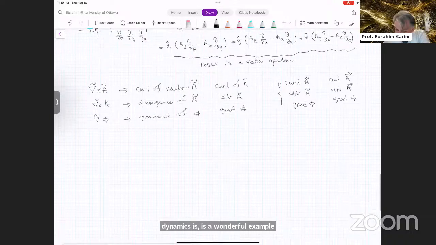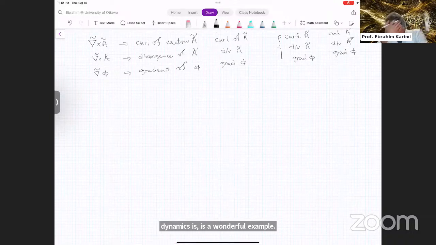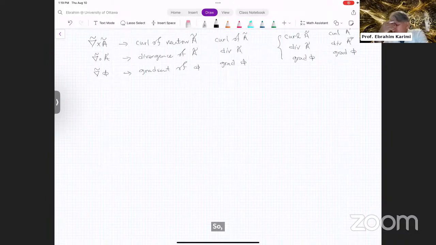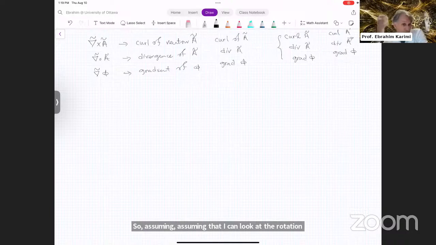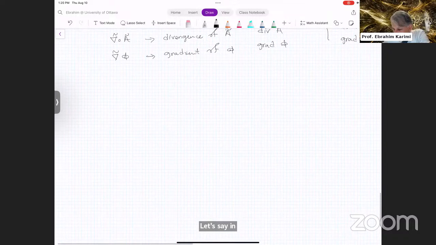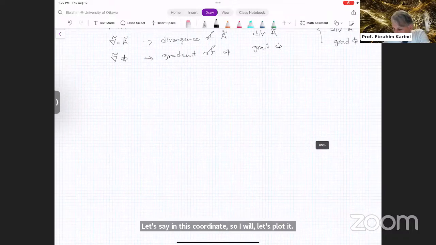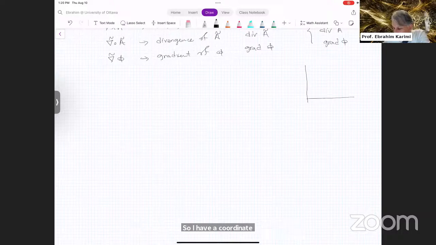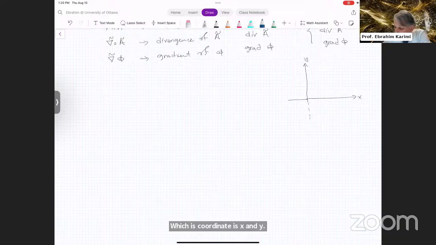So assuming that I can look at the rotation of a specific function or vector A in these coordinates, let's plot it. I have a coordinate, which is X and Y. And here, I have a certain closed loop.